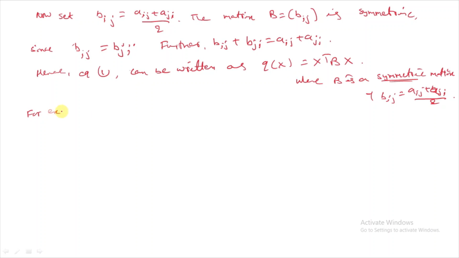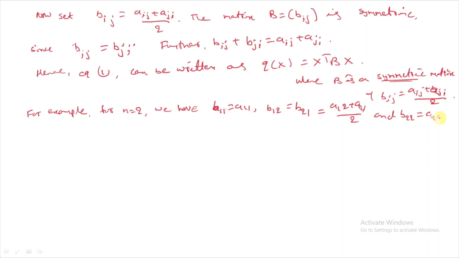For example, n equal to 2. Suppose we are taking only two variables x1, x2. For n equal to 2, we have in the quadratic form only up to x1, x2. The x1 squared coefficient is a11. It means here b11 is the same as a11, and b12 equals b21, symmetric, which equals (a12 plus a21) divided by 2, and b22 equals a22.